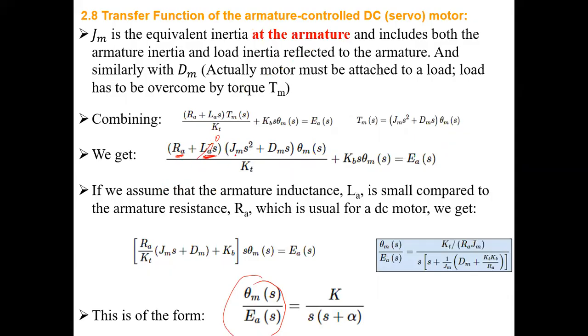R A, J M s squared, D M s, R A, J M s squared, D M s, then you have S theta m there, then you have S theta m from here too. That's why you just push this KB in. So you just factor out this guy, and EA is on the right.